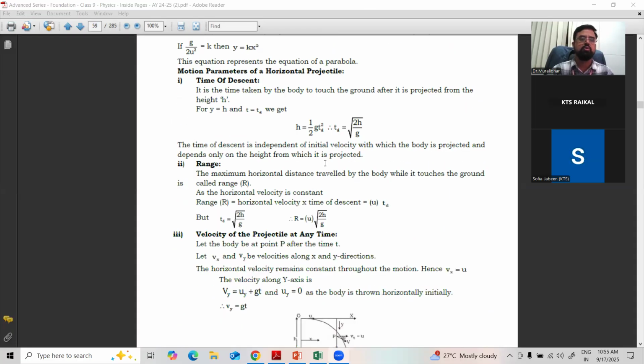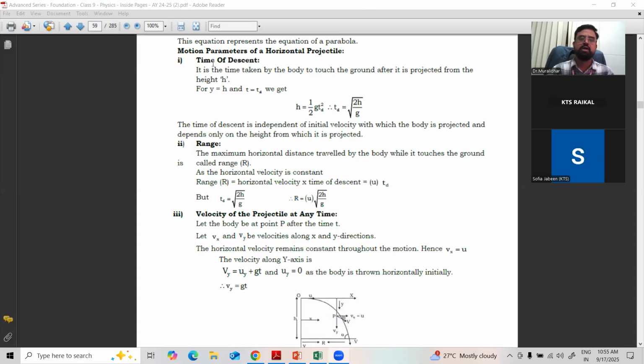As we derived for the oblique projection, here also we have the time of descent. It is the time taken by the horizontally projected body to reach the ground, because we are projecting from some tower. After projection, you will travel some distance and reach the ground. So the total time taken to reach the ground is called time of descent.